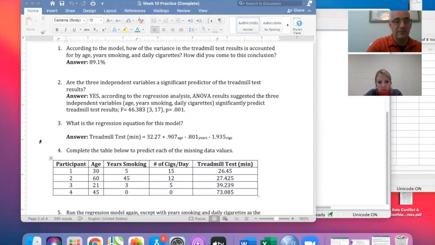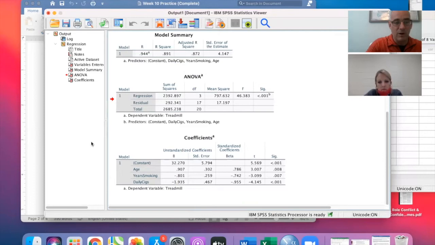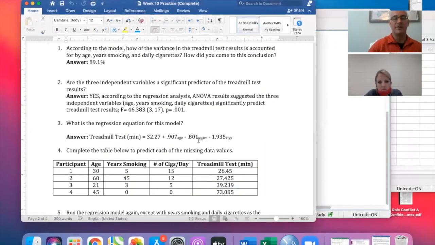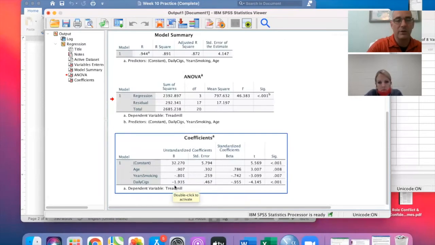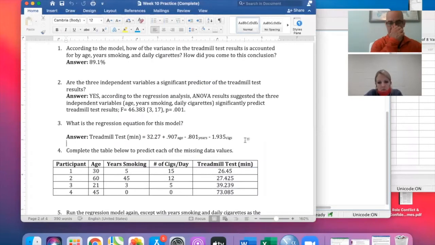And then we need to figure out the change in those independent variables. In this case, we have 0.907 times a person's age, negative 0.801 times years smoking, and then negative 1.935 times daily cigarette use. Since those were negative values, we just subtract.